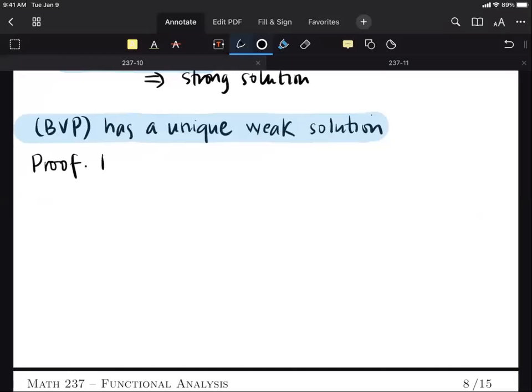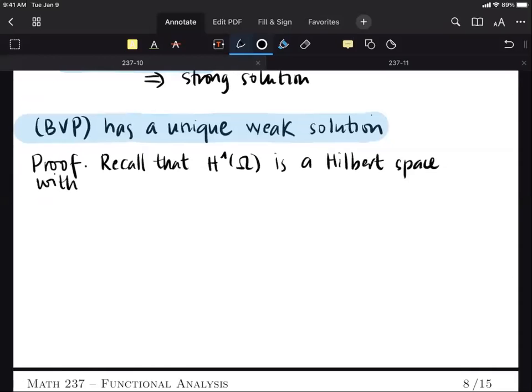First, let us recall that H1(Ω) is a Hilbert space with respect to the inner product H1.